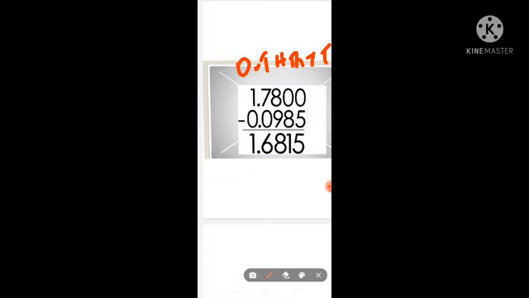So 0 minus 5. Can you subtract any number from 0? No. So the next digit, the thousandth place, is also 0.